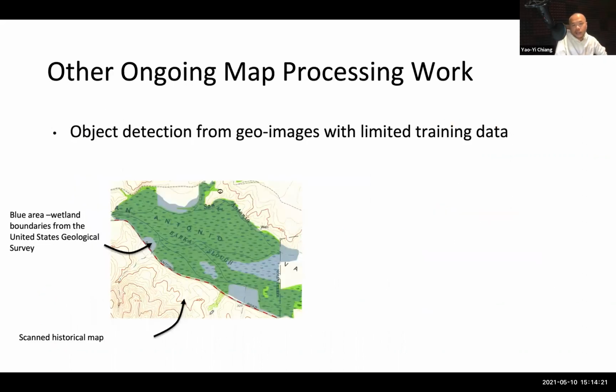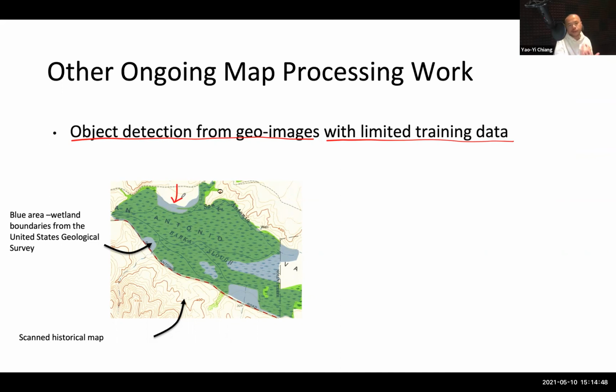Other ongoing map processing work in our lab: we have object detection from geo-images, including historical maps, using limited training data. We do not like manually creating training data. So here you can see a map. Our goal is to extract the wetland symbols, and we only have these blue boundaries. This is from OpenStreetMap, giving you the current boundary of the wetland area.